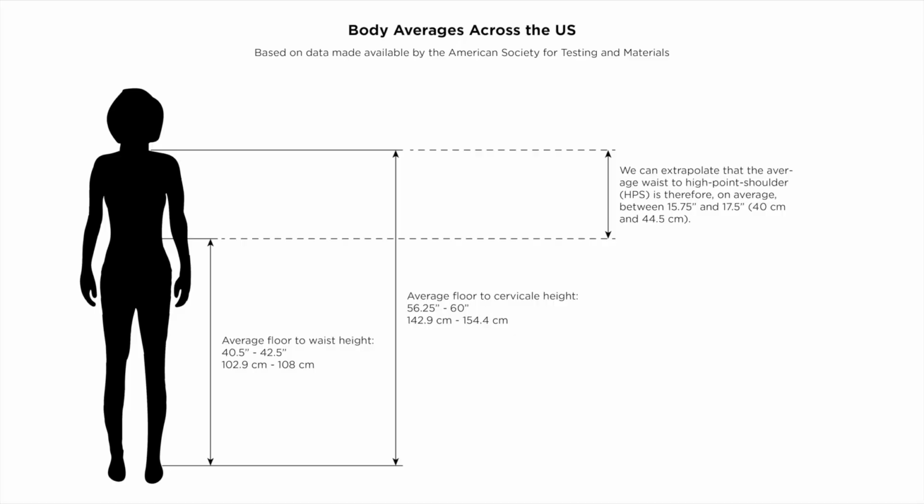Those two measurements don't really tell you much about the length of your body, but you can extrapolate that. If we know that the average shoulder to floor height is one measurement and the average floor to waist measurement is another measurement, we can deduce the difference between those two measurements and extrapolate that the difference between our true waist and our top of shoulder is somewhere between 15 3/4 inches and 17 1/2 inches, which is probably going to sound really short to a lot of people because we don't often see garments knit that short.